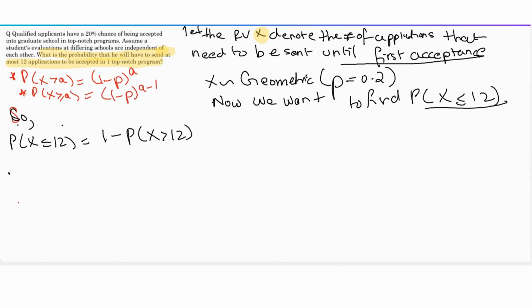So we want to get the probability X is less than or equal to 12 into a form where we can use one of these facts that hold for geometric random variables. So we've applied the complement rule here, which is the probability of A is 1 minus the probability of not A.